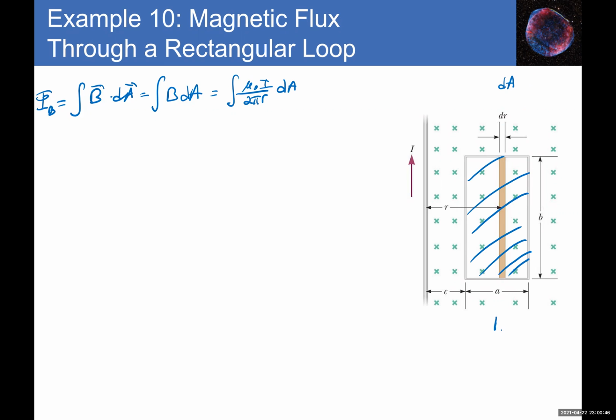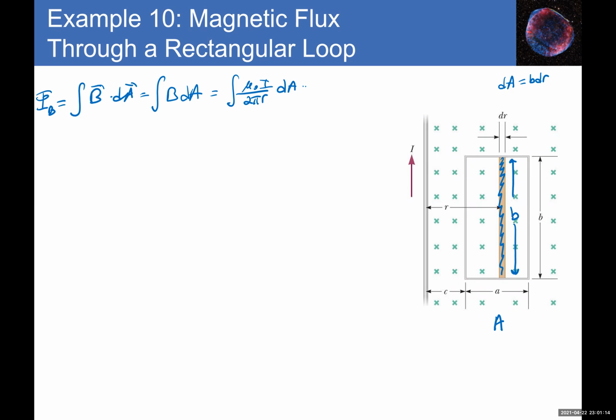That is A, not dA. A is the entire area of the loop. dA is the area of the small patch. That's why I wrote the thickness dr and the length b. So dA is just b dr, length times width, and its thickness is dr. That means dA is b dr.